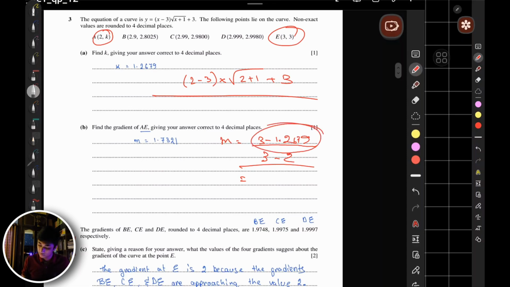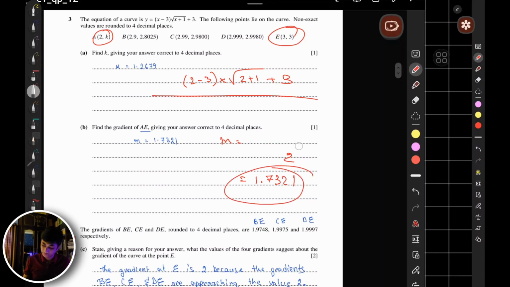So whatever this is, it's going to be your gradient, 1.7321. That is your gradient for AE.